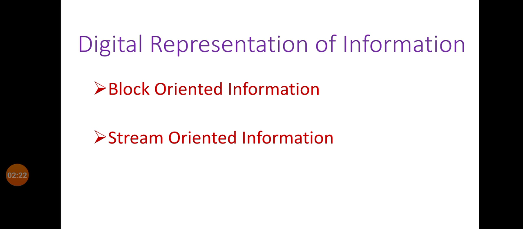In binary form, we divide digital information into two broad categories, block oriented information and stream oriented information. Let us study one by one.